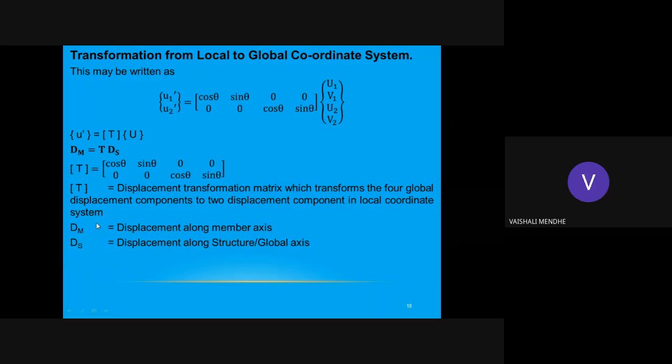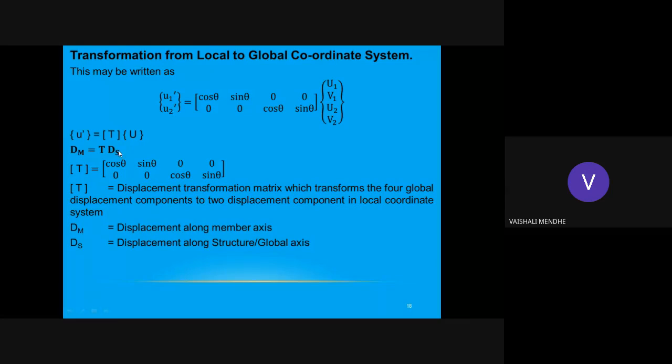It is one of the media which can transform your global displacement to your local displacement. If you want to find out the displacement along the member axis, you have to use this relation T into ds.